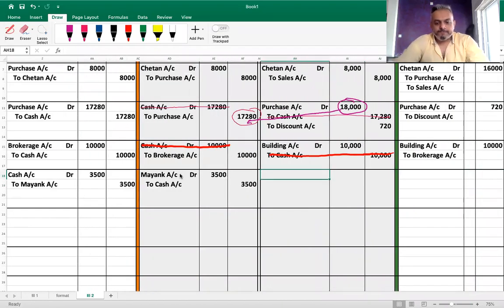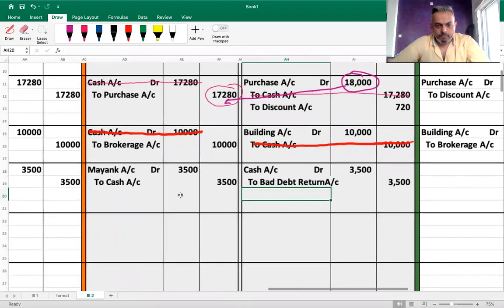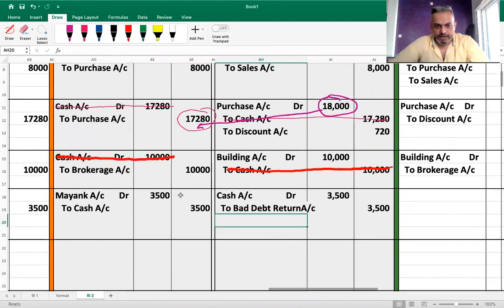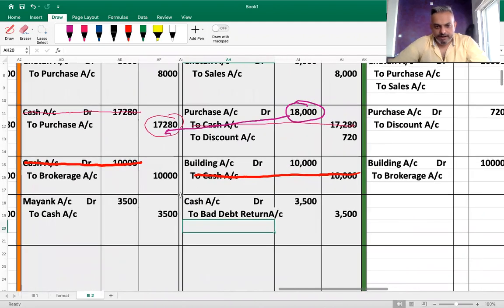Correct entry. Cash comes in, cash account debit 3500 to bad debts return or recovery account 3500. So now we have Mayank account debit to cash as a reversal entry and cash account debit to bad debts return or bad debts recovery account. So let's cancel.